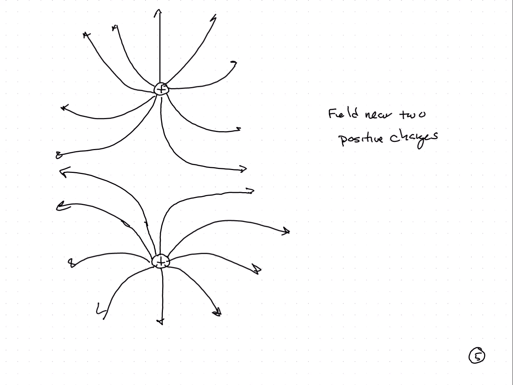Here's an example of two positive charges. So we see the field lines again looking like they're repelling each other. Now, if you thought about putting a positive test charge exactly in the middle of those two, you'd find that you could find a spot where there is no force. The forces would be exactly balanced, downward from the top charge, upward from the bottom charge.